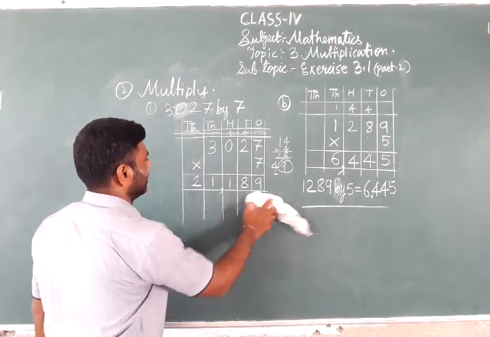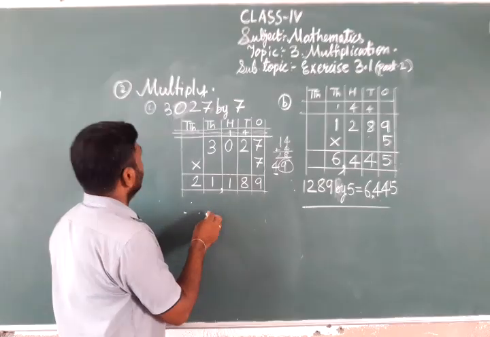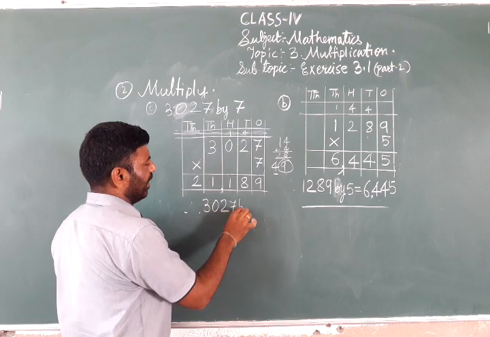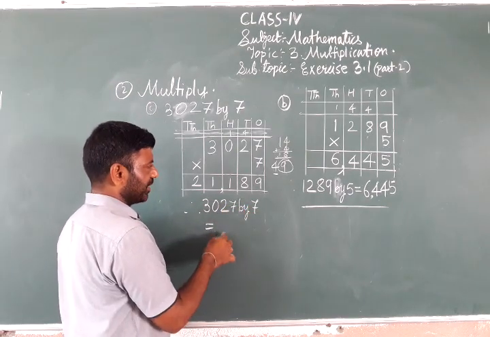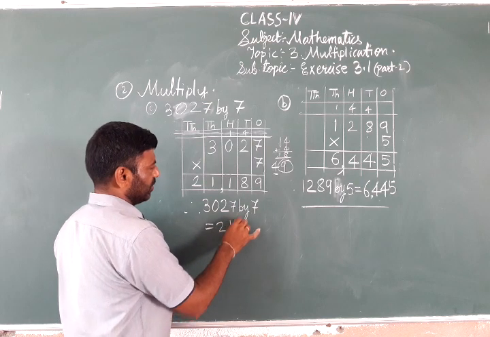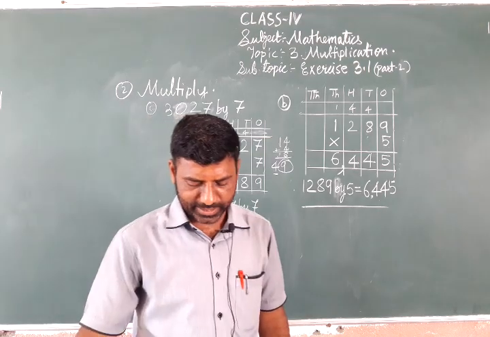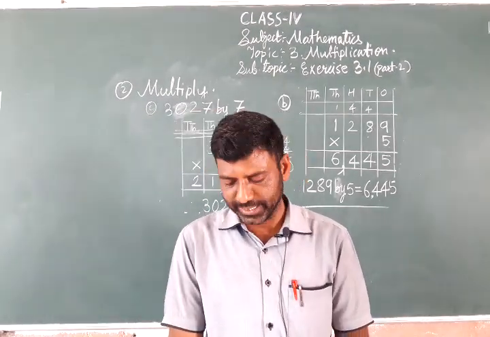So how to write the answer? 3027 by 7 is equal to, there is no place so I am writing here, 21,189. Understand? So D is there.